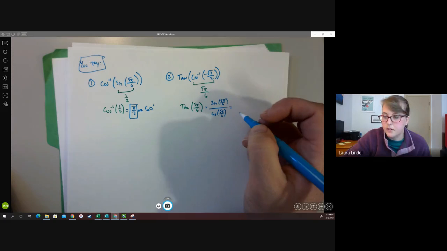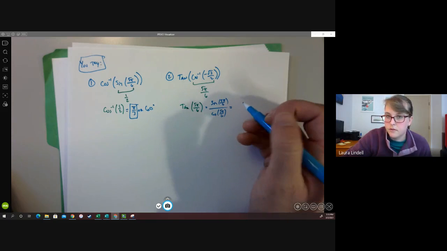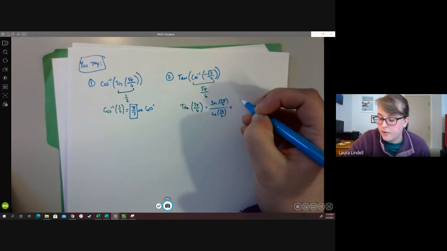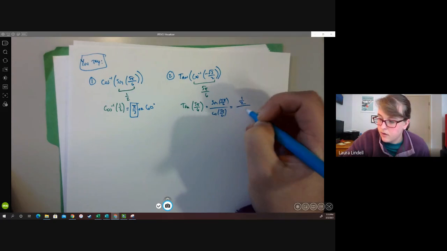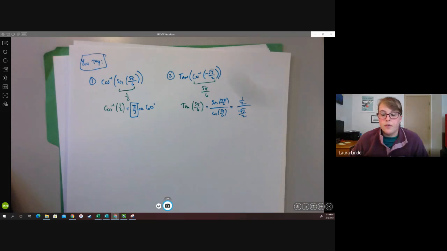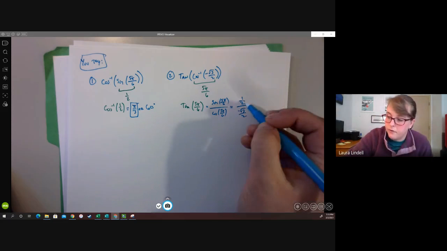Which is then going to be, let's see, that's 1/2 over -√3 over 2, because that's in the third quadrant or second quadrant. Ugh, yikes. So that would be negative and positive.